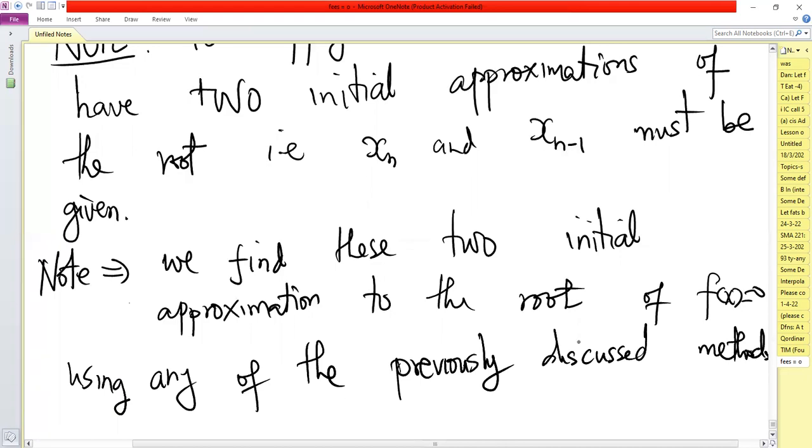So either use bisection, Newton-Raphson, or the regula falsi method.